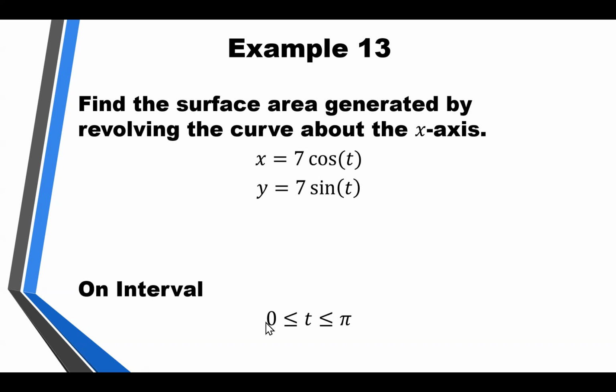On the interval 0 to pi, it gives you the top half of the circle. Therefore, when we revolve the curve around the x-axis, what we're going to get is a complete sphere. So this should give me the surface area of a sphere of radius 7.